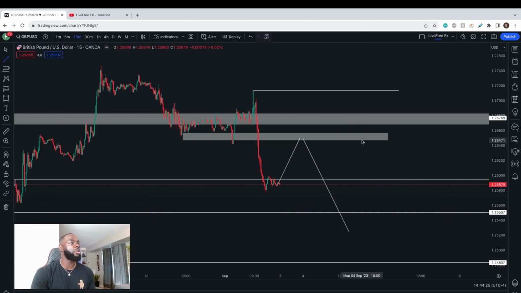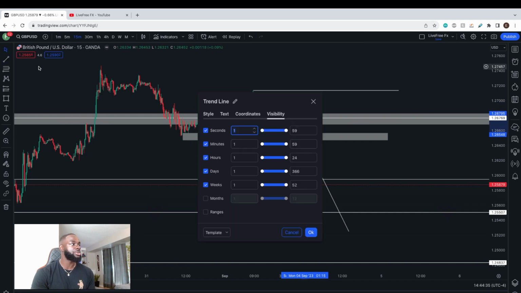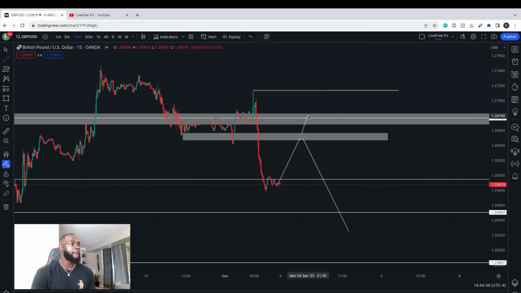But if the market all of a sudden decides that it doesn't want to reject at this area that we've mapped out, and price starts making higher highs, higher lows, and then takes this high, we know that there's a strong possibility that more buyers are going to be coming to the market, because when buyers are in control, they target the highs, and when sellers are in control, they target the lows. So right now we have identified that pound dollar, based on the analysis that we've done, is a seller's market. So on the lower time frame, you want to be a seller.